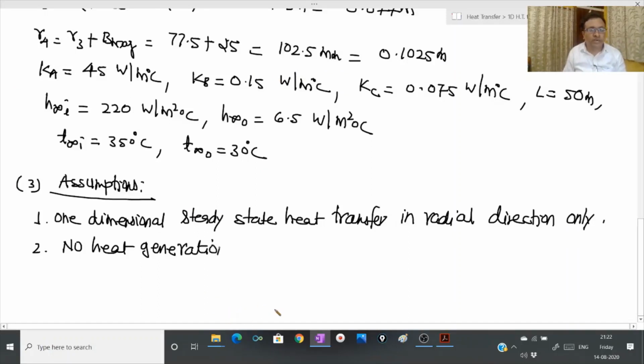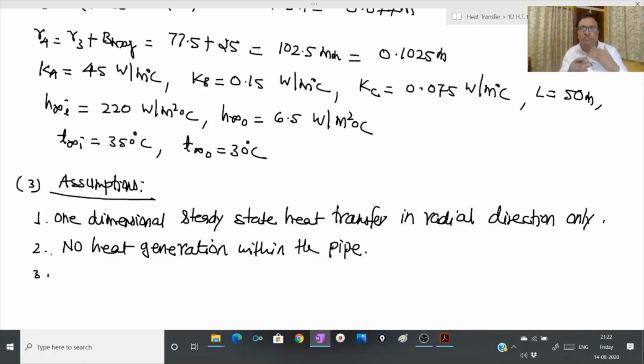No heat generation within the cylinder, within the pipe. Then the third very important assumption is that here the composite cylinder, which is also called a lagged pipe, is there.